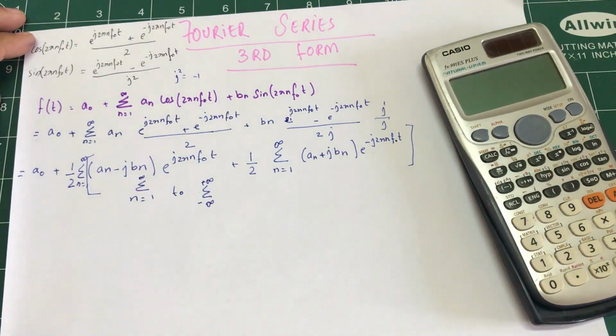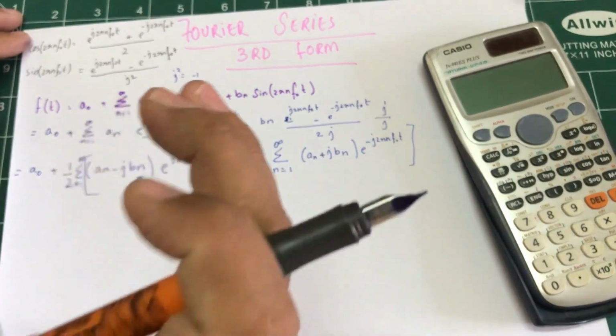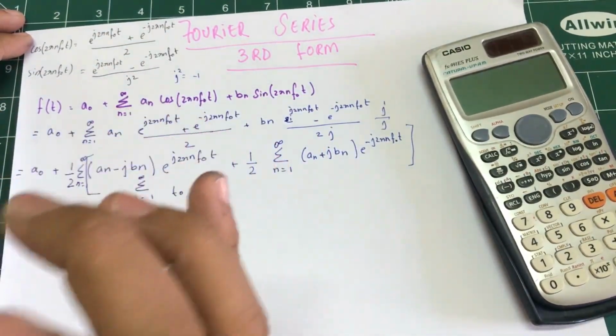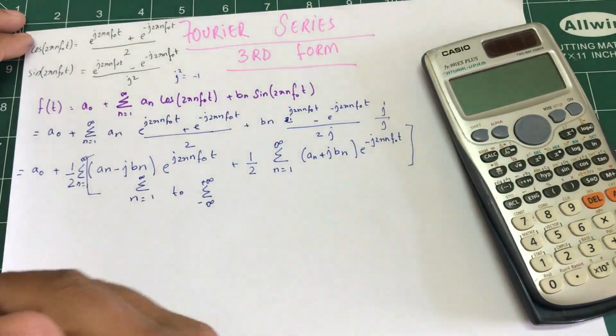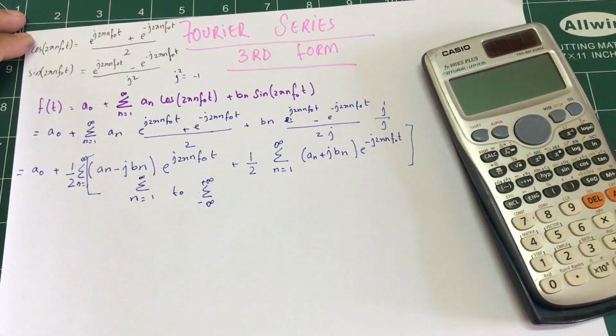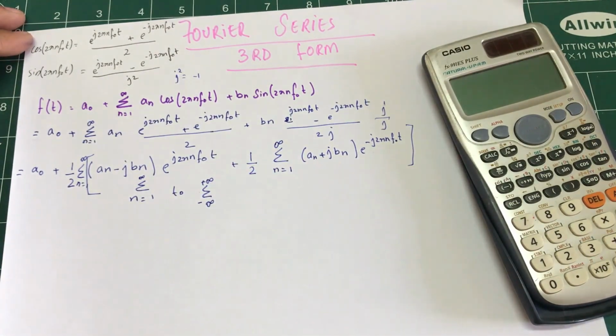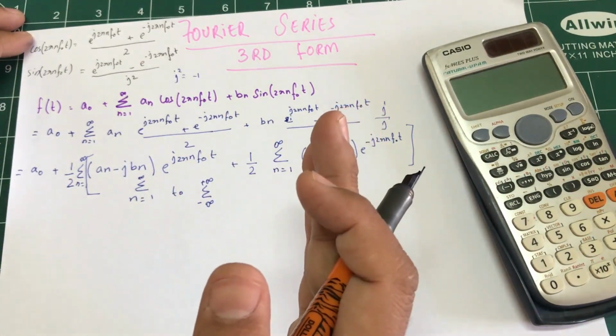This is what I want to do. I want to come up with a concise form. The third form of Fourier series is going to be a concise form. And instead of going from 1 to positive infinity, I want to take all the signals from negative infinity all the way up to positive infinity.